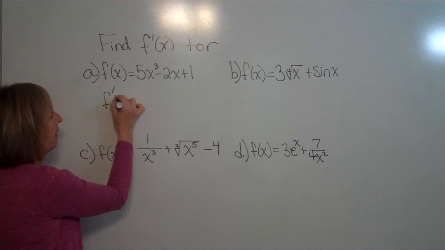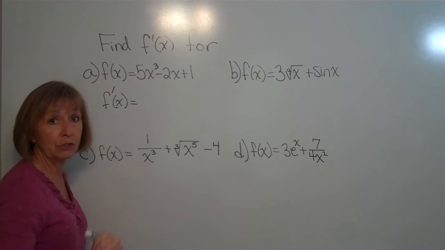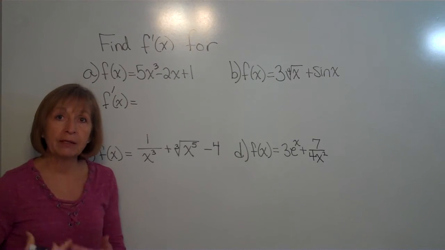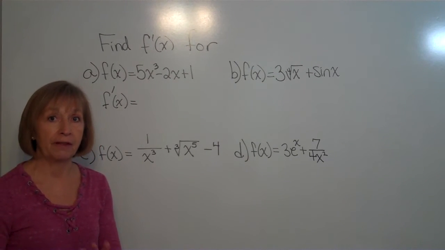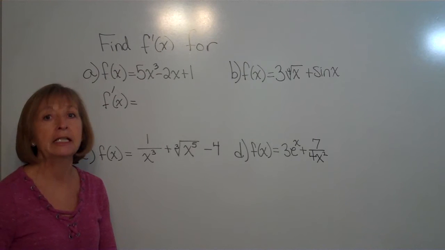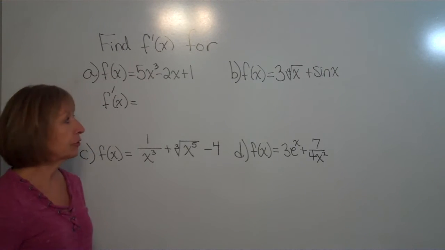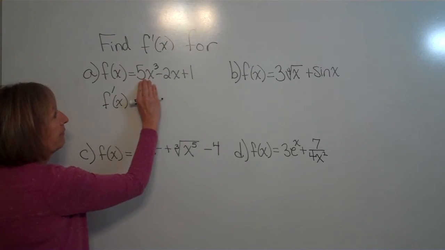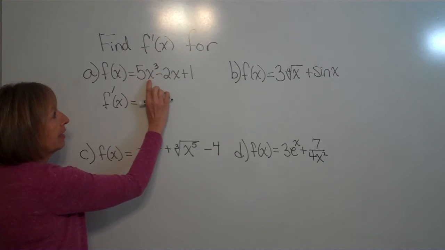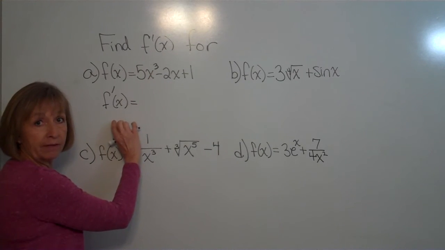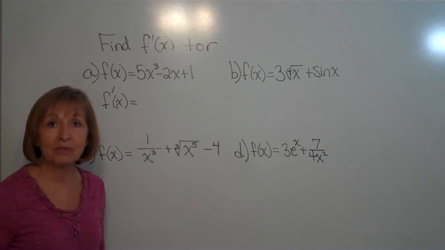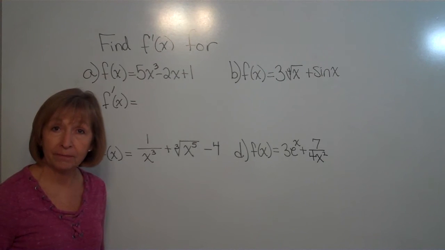So f prime of x is equal to, and you always want to use good notation so that you can get this information to another person and they know what you started with, your function, and what you have for your derivative. So in my first term, 5 times x to the third's derivative is 5 times the derivative of x to the third.